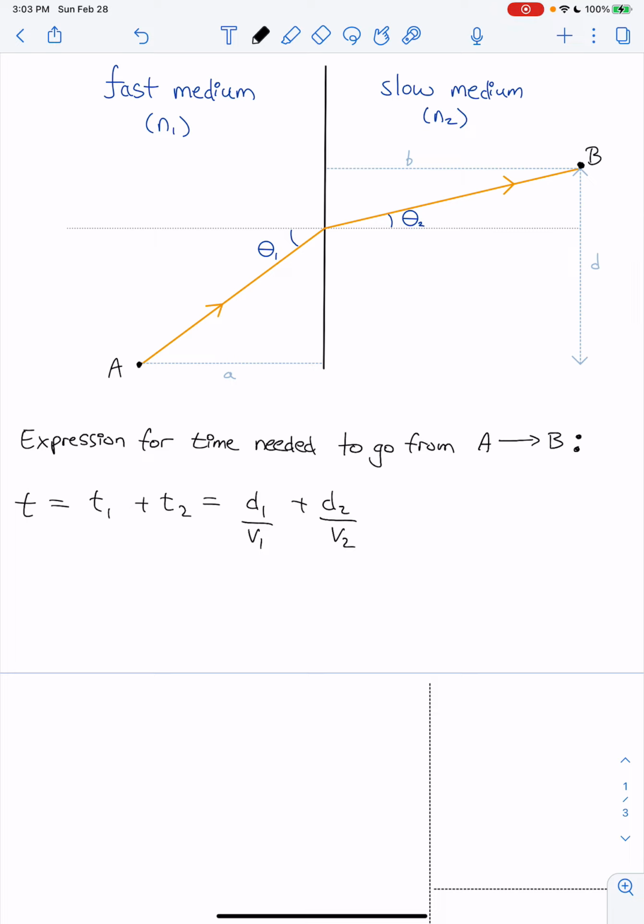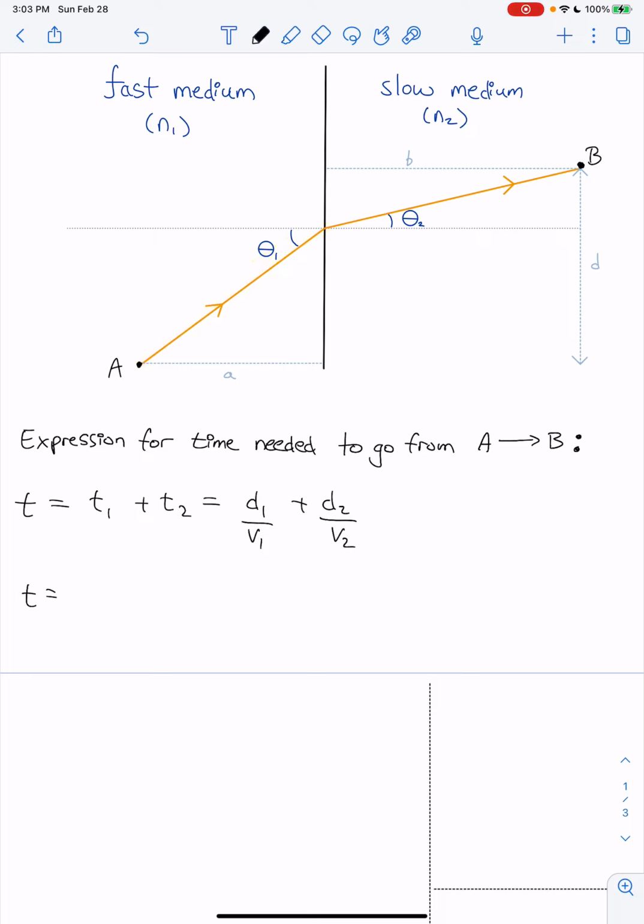Okay. So let's now substitute in some values for distance. Well, what is our d1? Our d1 is this distance here. And we can get that value by looking at, well, we need to make one more note here on the distances.